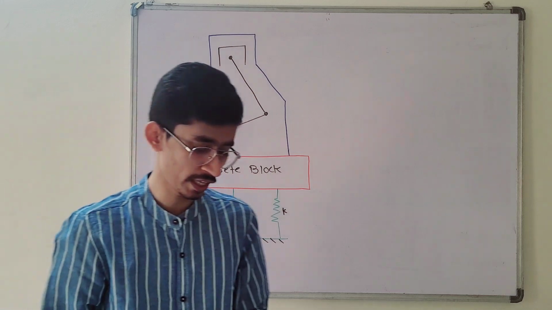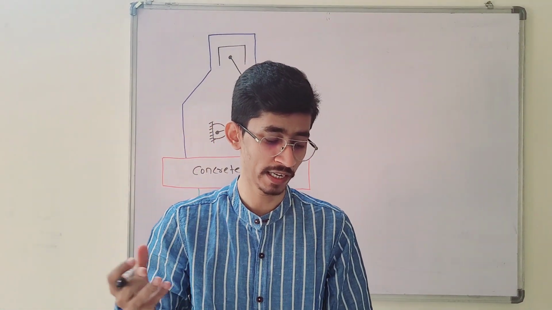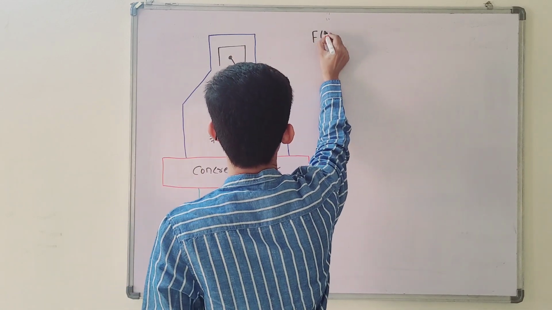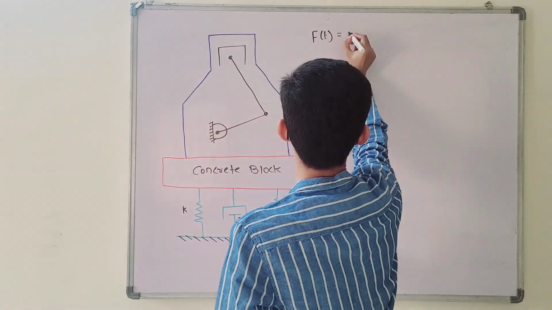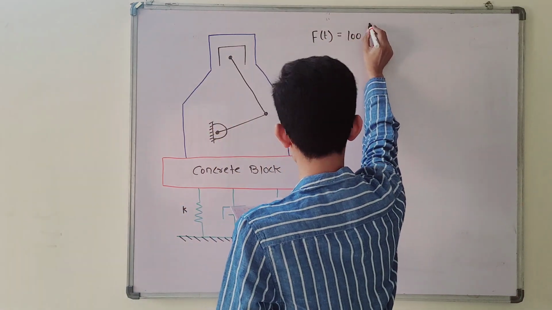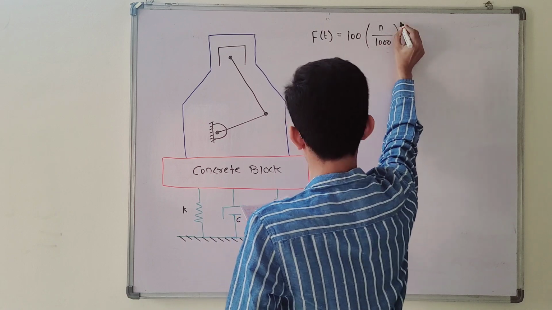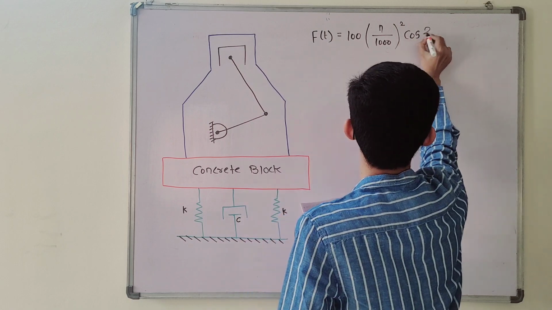First, they have provided an unbalanced force of the engine at n rpm, given in terms of a function: f of t is equal to 100 inside bracket n divided by 1000 bracket square, and then the cos function is given as 2 pi n t.